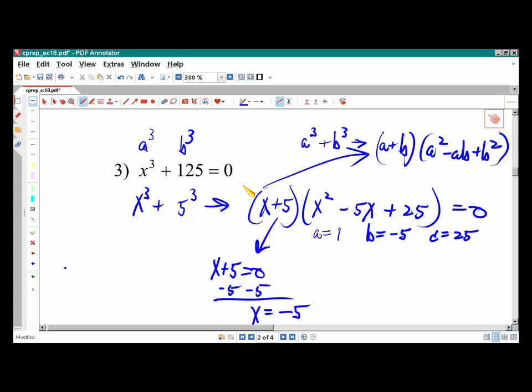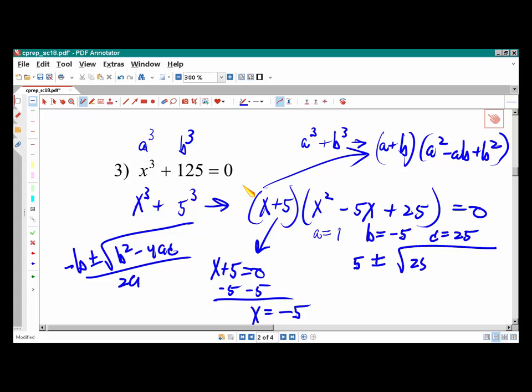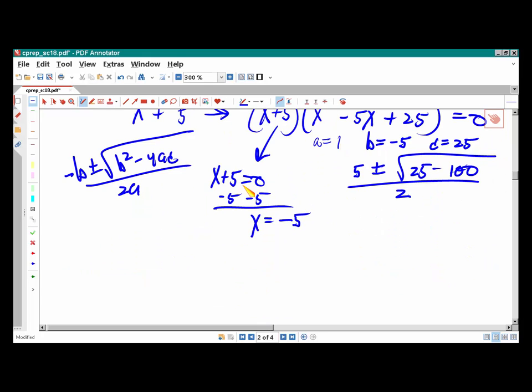So negative b plus minus square root of b squared minus 4ac all over 2a becomes 5 plus or minus square root of 25 minus 4ac, that's 4 times 1 times 25, so minus 100 all over 2 times 1, or 2. So that is 5 plus or minus square root of negative 75 over 2.